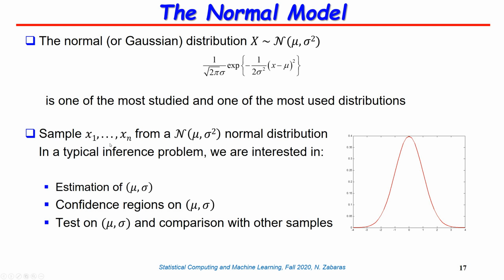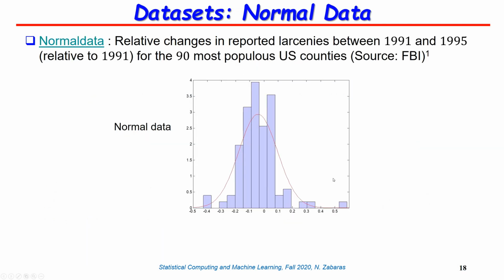But usually if somebody gives you data, and I'm going to demonstrate this with two examples, the way you're going to fit this data to a Gaussian is to compute from the data mu and sigma square with this so-called maximum likelihood estimator, and then plot the Gaussian for the evaluated mu and sigma square estimates. So let me give you two examples.